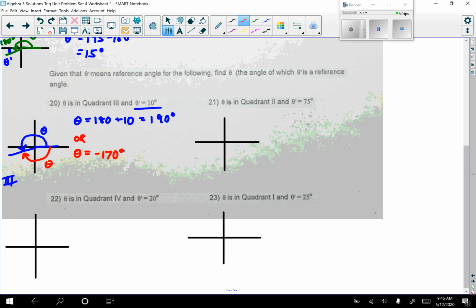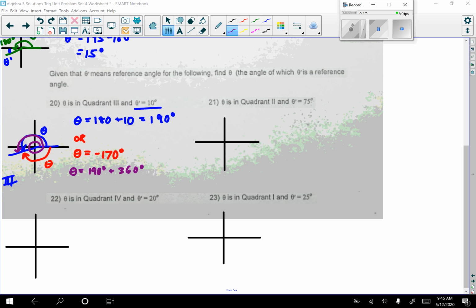Or we could be even more clever, but it's a lot more work. We could go around one full circle. So just to draw this in, I could show that I can go around one full circle. So there's 360 plus another 190. I could add that 190 and then go another full circle here.